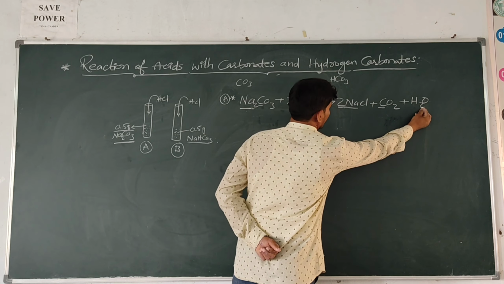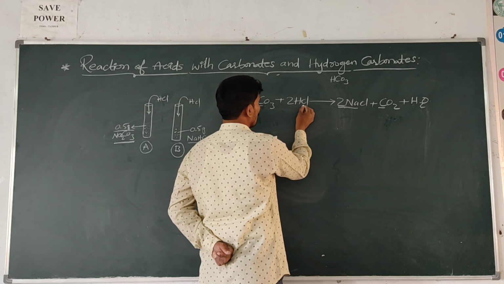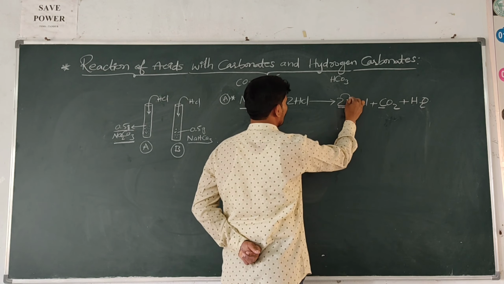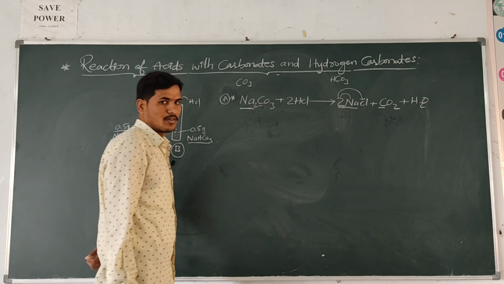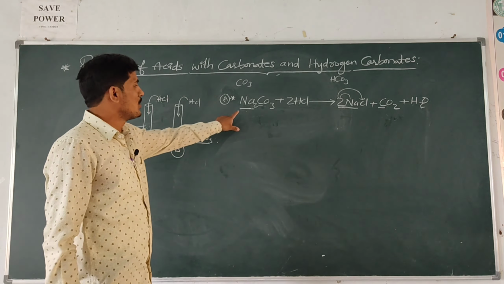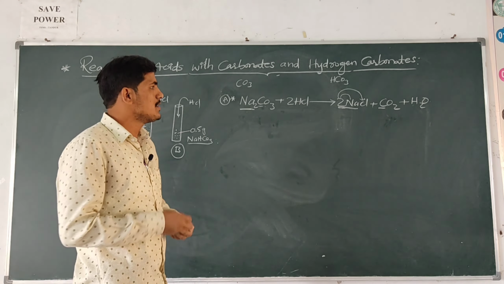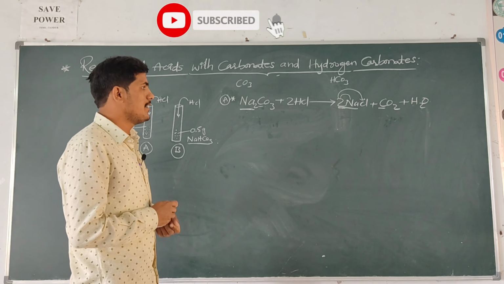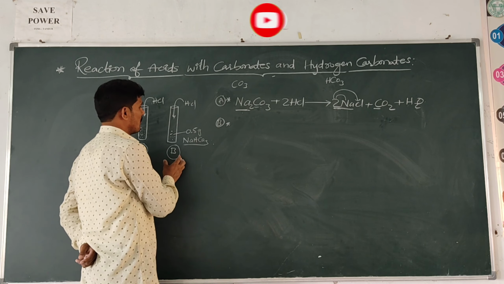How many chlorines are present? 2 chlorines. The 2 applies to the sodium as well as the chlorine. So the balance is equal. That means when sodium carbonate or carbonates are treated with acids, they form salt, carbon dioxide and water molecule.